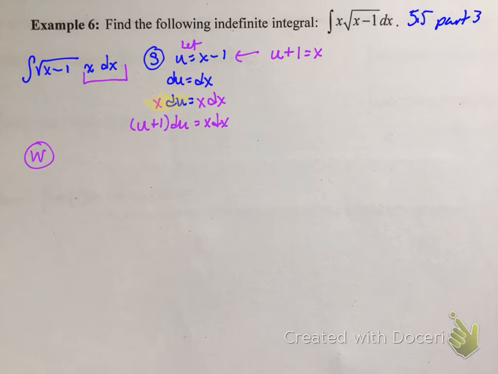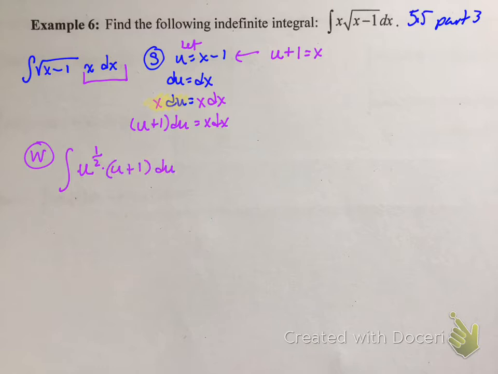So if we write this out, the square root of x minus 1 is going to turn into the integration of u to the 1/2, and then times u plus 1 du.